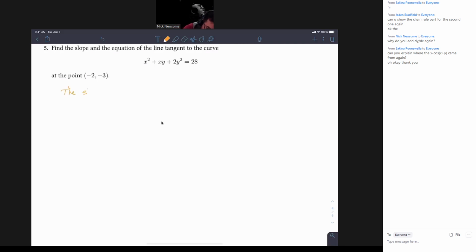We'll recall that the slope of the tangent line at the point -2, -3 is the function dy dx evaluated at the point -2, -3. Dy dx, the derivative, tells us the slope of the tangent line. That's the meaning of the derivative. The derivative is a slope of the tangent line.